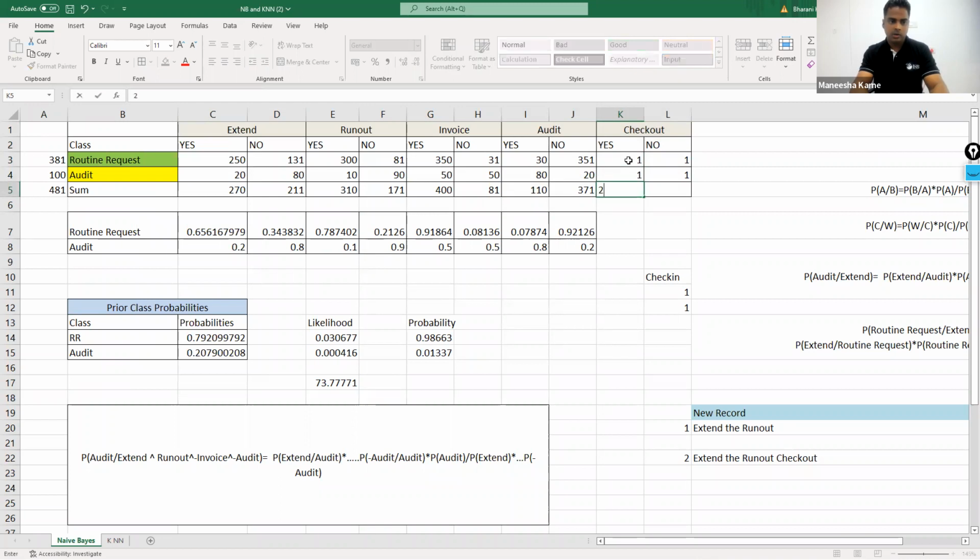So you get 2 and 2, right? But then this is not how it adds. So when you add 1 and 1, 1 and 1, here also you increase.